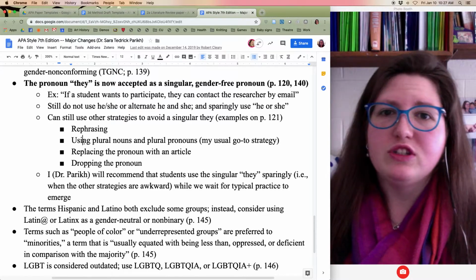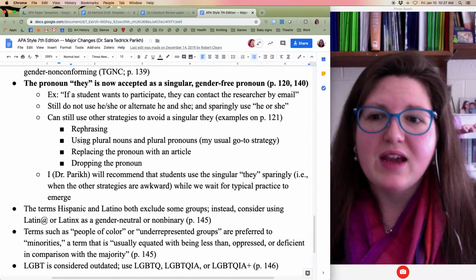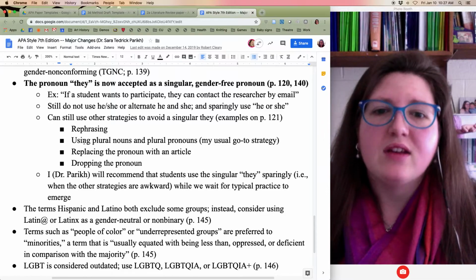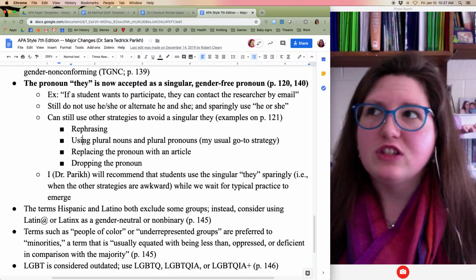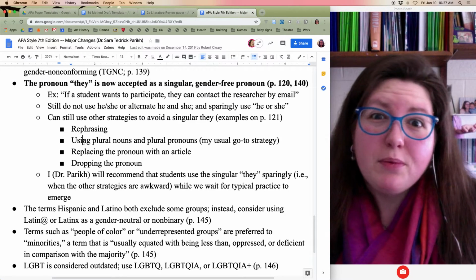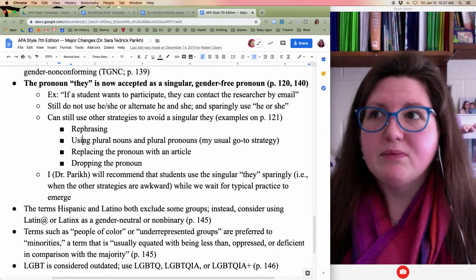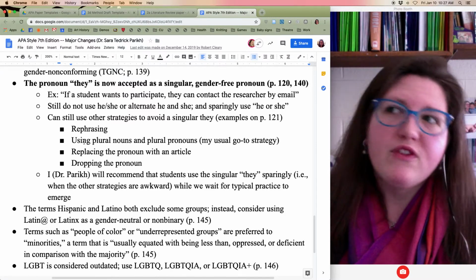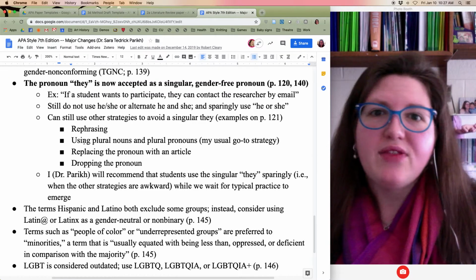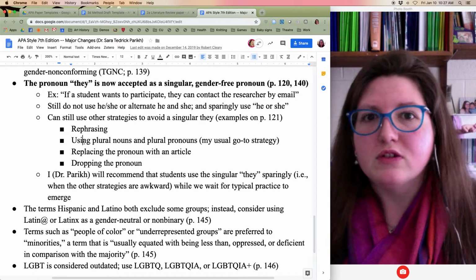I often will just go back and rewrite it and say, students who want to participate can contact the researcher by email. That actually eliminates the need for a pronoun at all, but when I make it plural, then if I need to refer to them in a follow-up, I can say they, and it would have referred back to plural students.